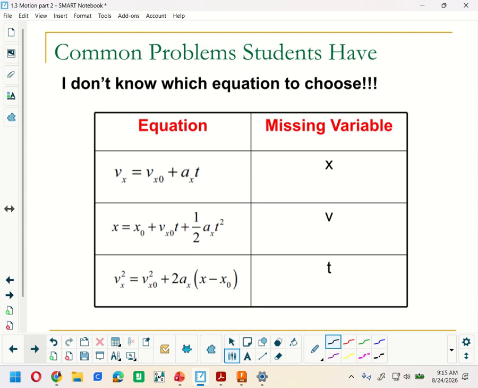Just randomness out there. A common problem students have: I don't know which equations to use. Now, these x's right here, what do those x's mean? They're not variables.